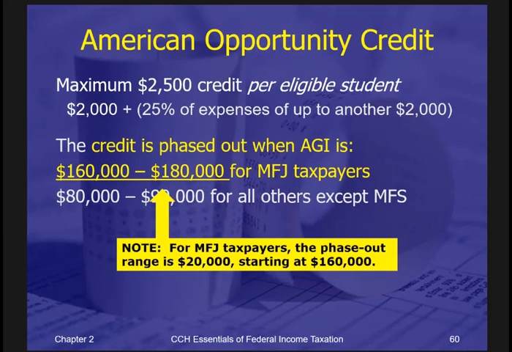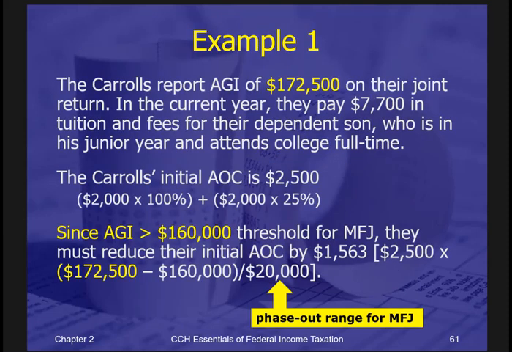However, it is going to be phased out because their income is over the 160,000. So you look at the percentage that they are over the 160,000 out of 20,000. Now, once they get to 180,000, they're completely phased out. But you can see 172 is kind of in between, and so they're going to lose 1,563 of their credit of the 2,500.